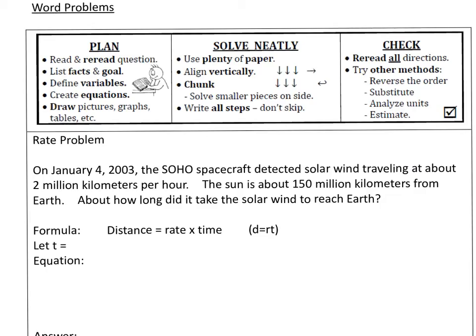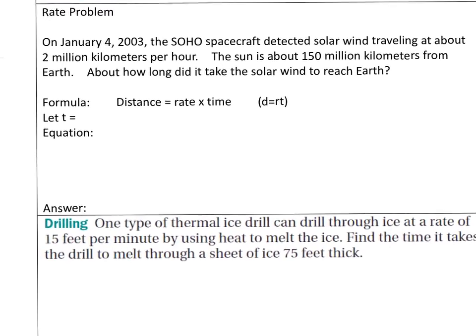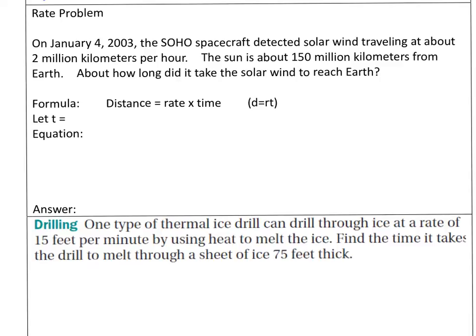Let's take a look at some word problems. Here, I have the chart for you again for solving word problems. You need to first plan, solve neatly, and then check. Let's take a look at a problem that involves rate. And the formula we would use is D equals RT. On January 4, 2003, the SOHO spacecraft detected solar wind traveling at about 2 million kilometers per hour.